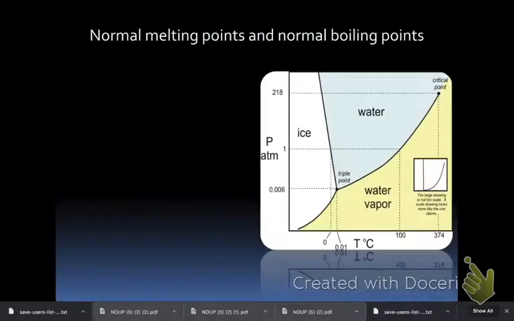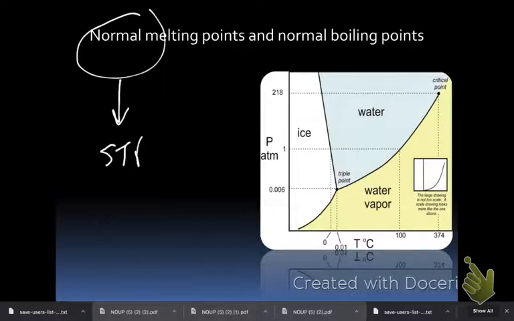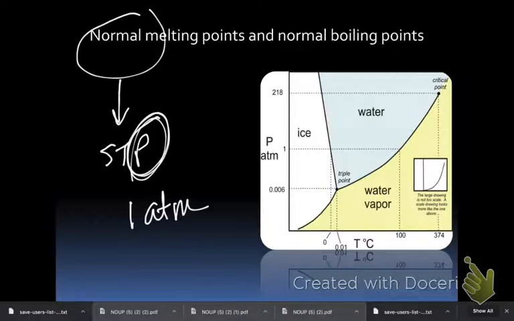Okay, here are the normal melting points and normal boiling points, if you didn't get this at the first of the presentation. Anytime you see the word normal when we're talking about a phase change, that means at STP, standard temperature and pressure. Actually, with this one, it's going to be the standard pressure. So we said standard pressure for STP was 1 atmosphere.